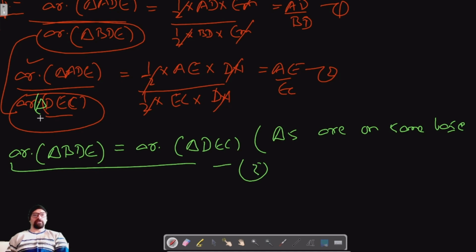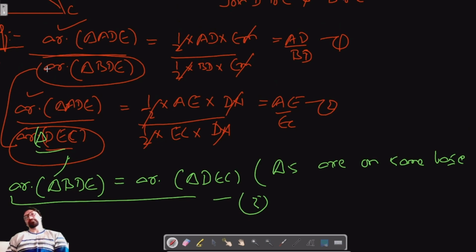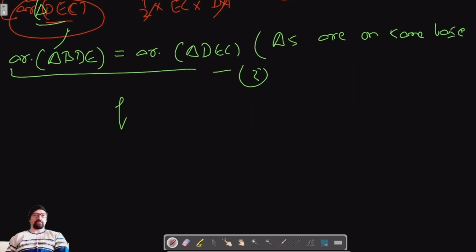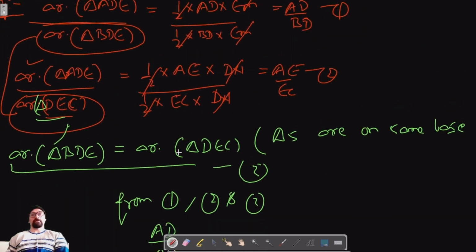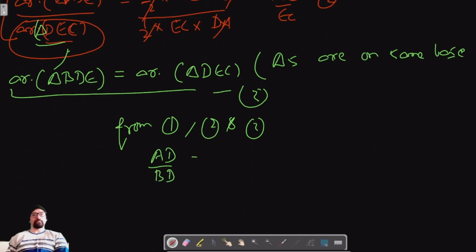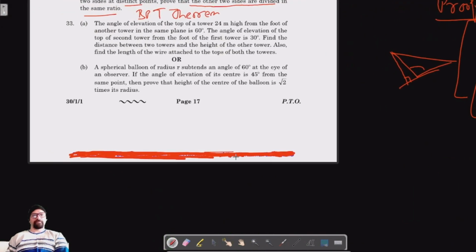So this DEC will be replaced by BDE, and once it's replaced, we will get our LHS equal. This will make RHS equal. So from equations 1, 2, and 3, AD upon BD is equal to AE by EC, and this proves our BPT theorem.